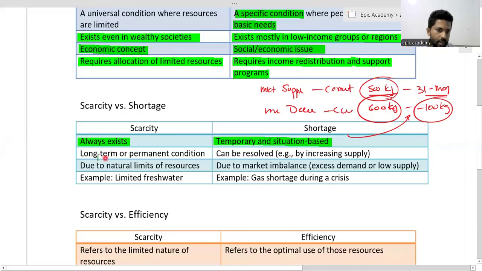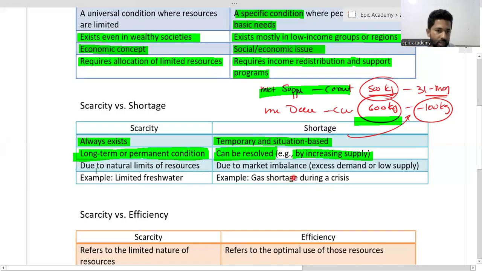Okay? Scarcity is a long-term permanent condition, isn't it? Yes. But shortage can be resolved, for example by increasing supply. I already discussed that.